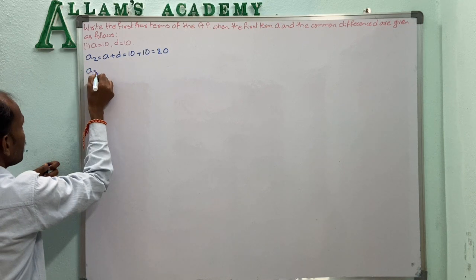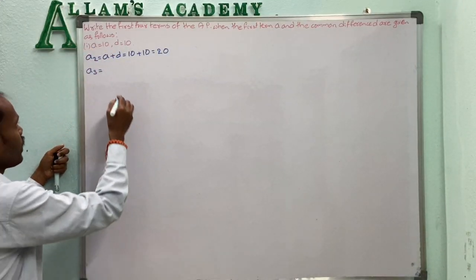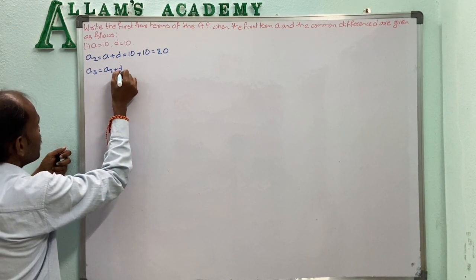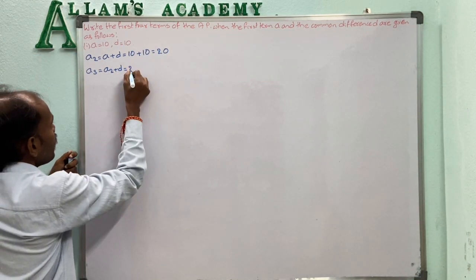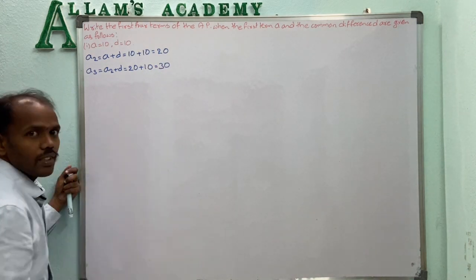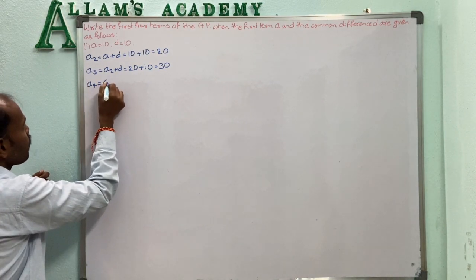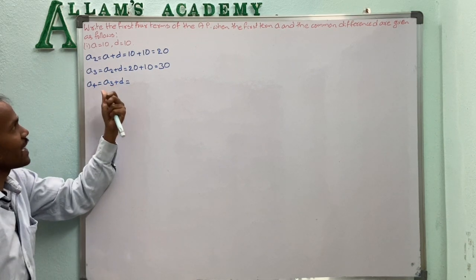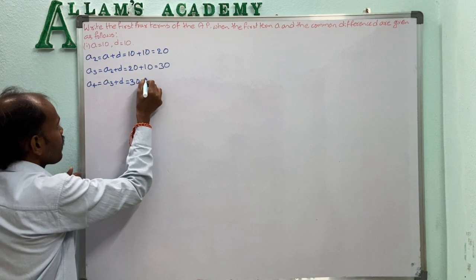Now A3 is equal to, to the second term again D we have to add. So A2 plus D, the second term is 20. Now 20 plus 10 is nothing but 30. Now the fourth term A4 is equal to A3 plus D. The A3 term is 30 and the common difference 10.